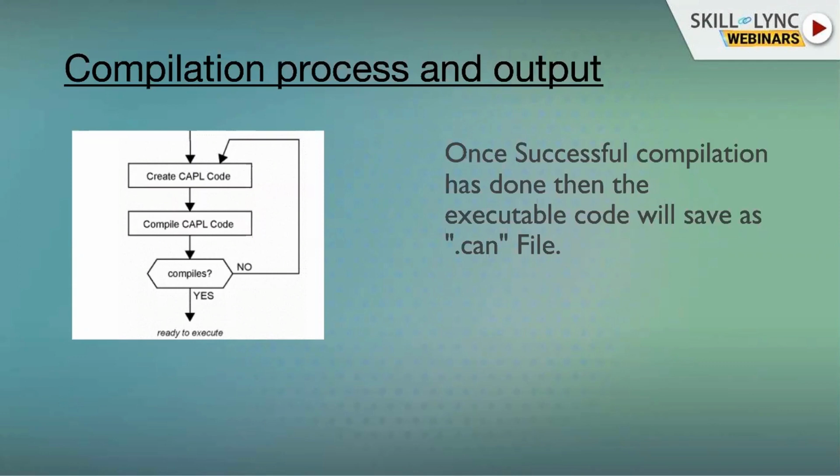It will be saved with the extension .can file once the compilation completes successfully. Whenever you want to edit or run it, you can open that file, edit it, compile it, and run it in the network. It is the executable file that works wherever the user has the CANalyzer, they can use the .can file as a program and simulate their environment in the CANalyzer.